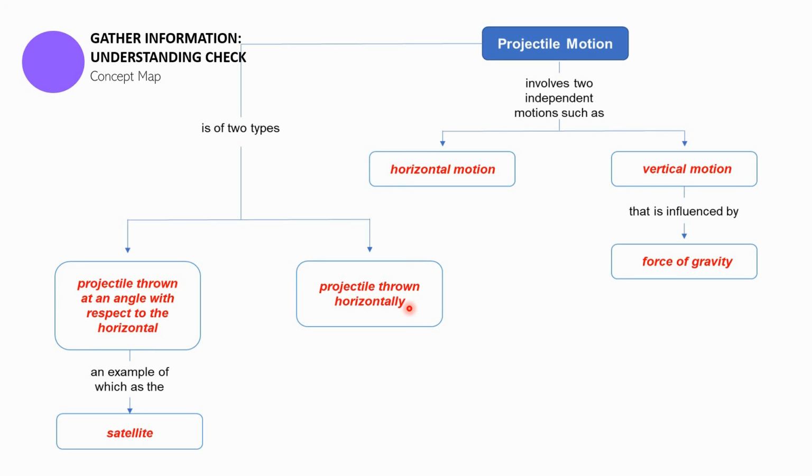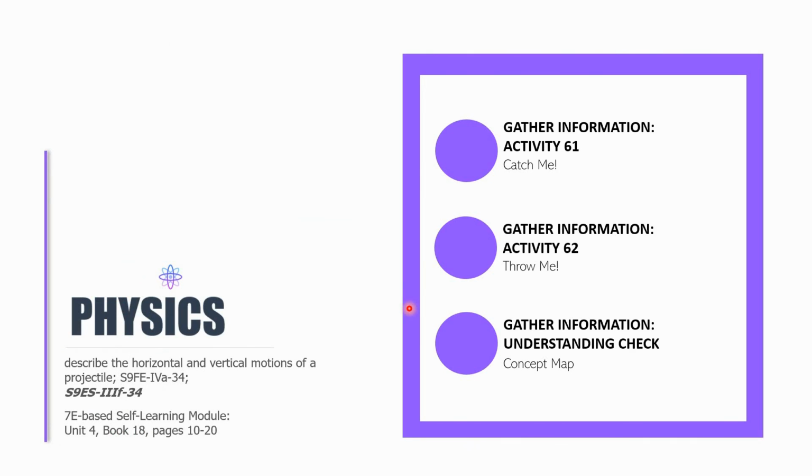Okay. So yeah, that's it for the last part of this session. Okay, so for this session, you were able to finish the following. First part of the session is gather information, activity 61, catch me. And then the second part is gather information, activity 62, throw me.